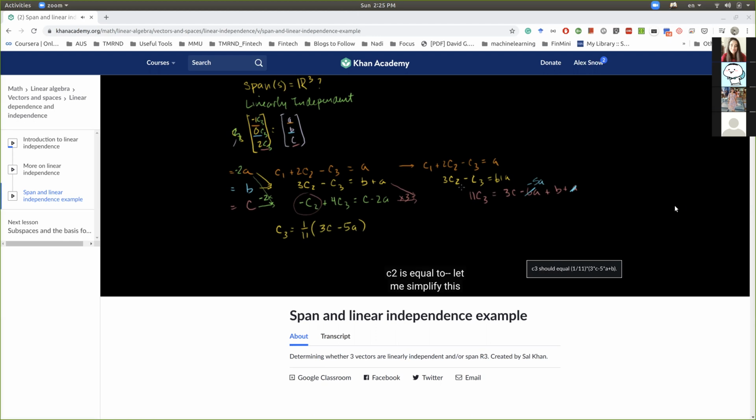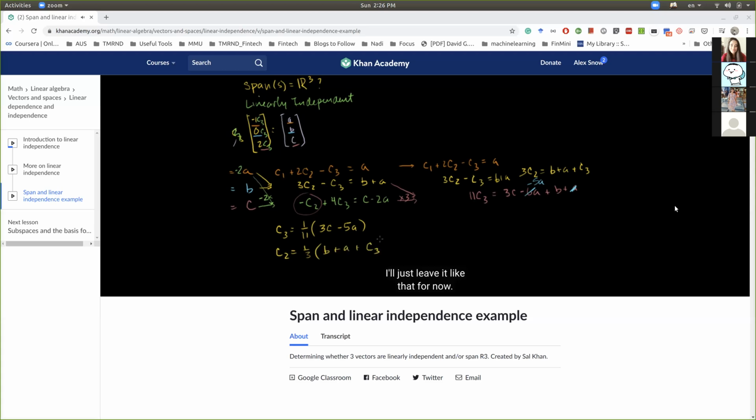C2 is equal to, let me simplify this equation right here. If I just add C3 to both sides of this equation, I get 3C2 is equal to B plus A plus C3. And if I divide both sides of this by 3, I get C2 is equal to 1 over 3 times B plus A plus C3.